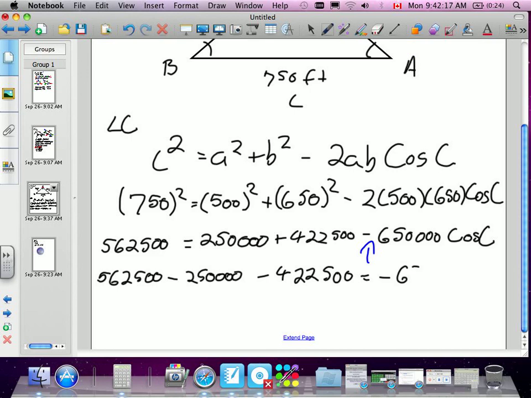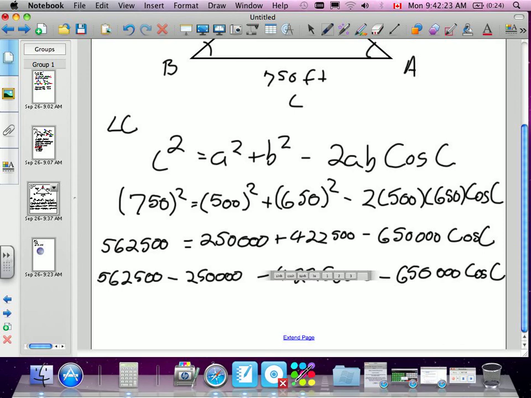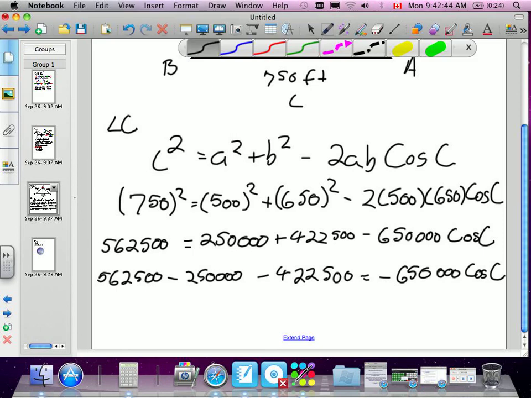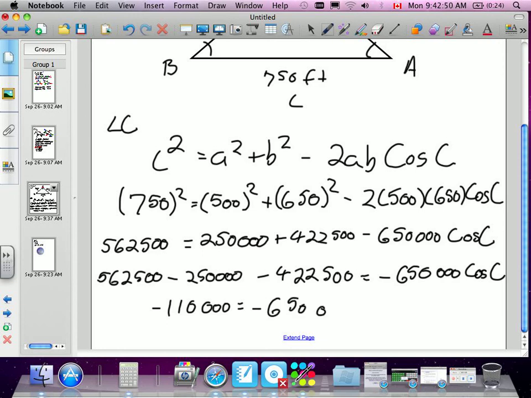So if this is negative, we keep the negative here, 650,000 cos C. I'm going to equate the left side of this equation. And we get negative 110,000. So I have negative 110,000 is equal to negative 650,000 cos C.